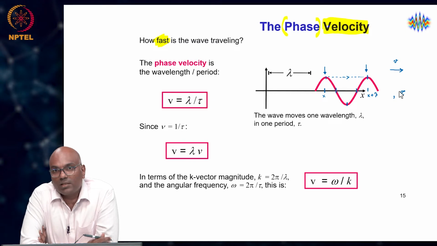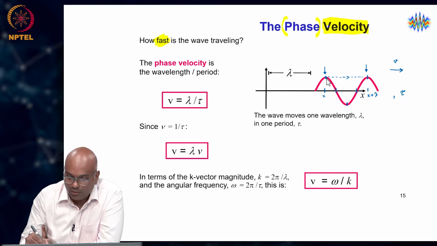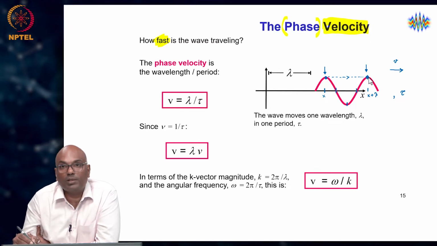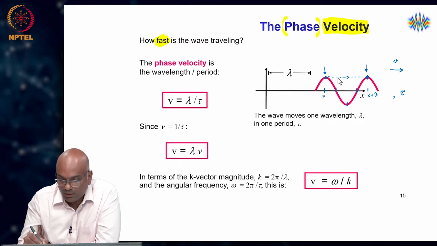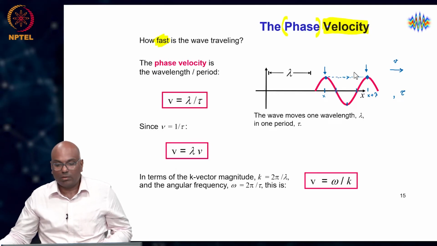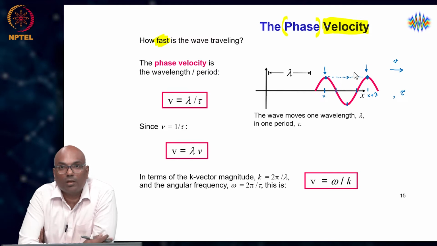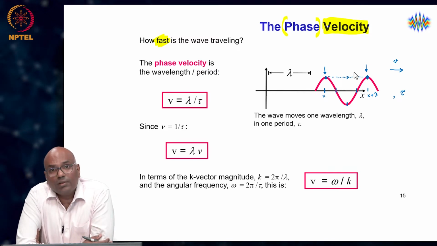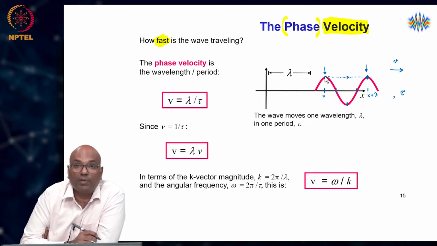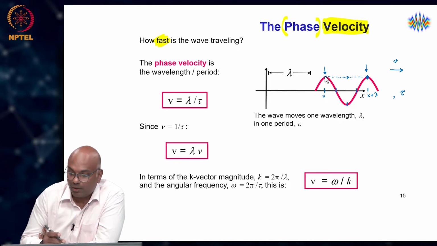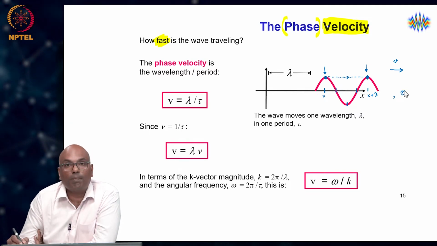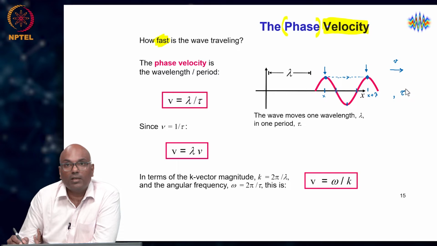So, it is as if this point has moved from x to x plus lambda in a time tau. It is as if this point, that is the maximum positive amplitude of the wave, has moved from a point x to x plus lambda in a time tau, right.